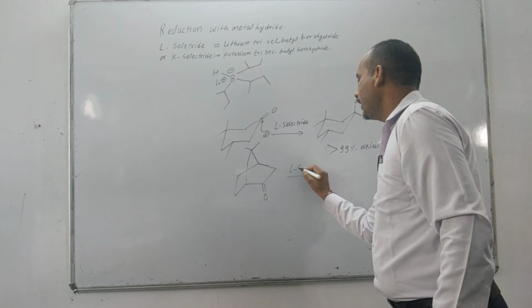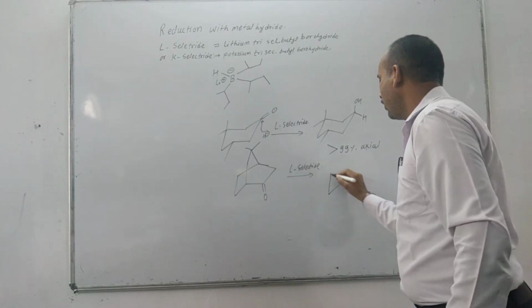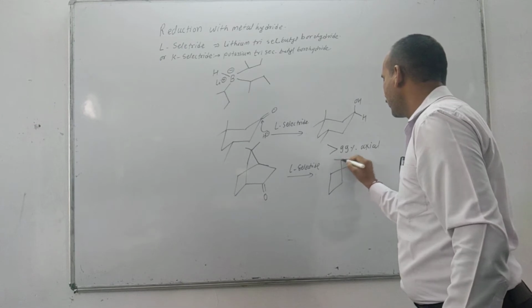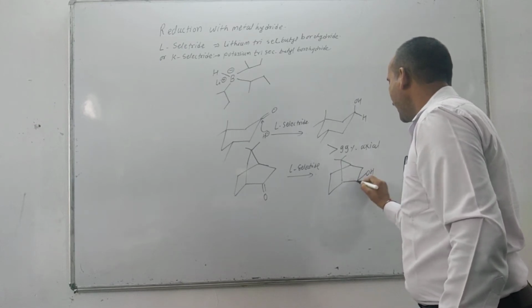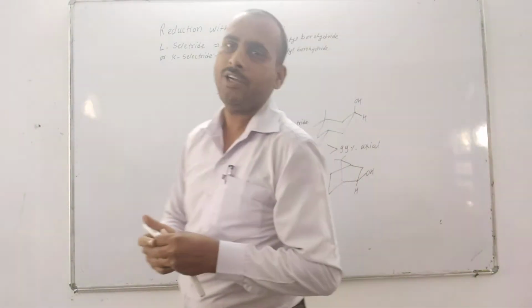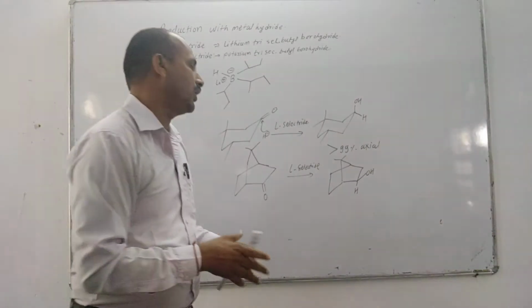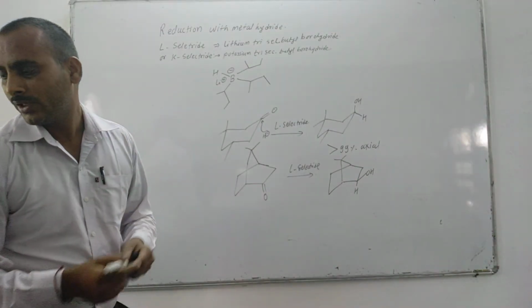So with L-Selectride the product formed has OH, with the hydrogen attacking from the endo side, and the OH goes to the exo side. So the exo product is obtained.